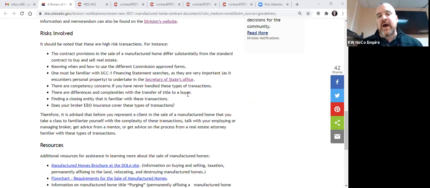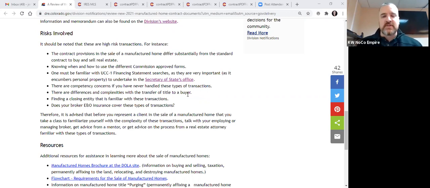However, personal property is typically transferred via a variation of different things. It could be a bill of sale. Mobile and manufactured homes are typically transferred with what's called a certificate of title. So there is no general warranty deed. It's a certificate of title. And then there are some other documents that need to be filled out in conjunction with the transfer of title.